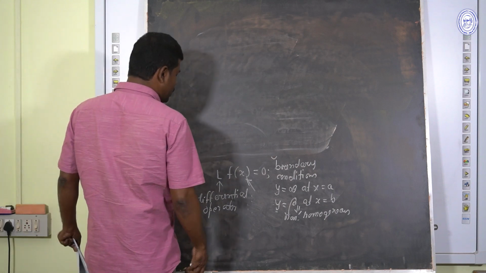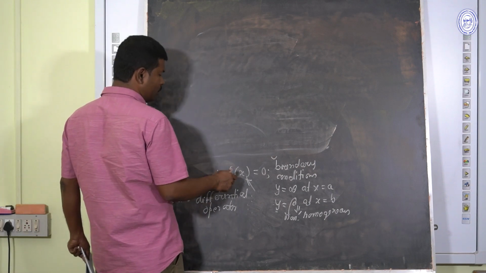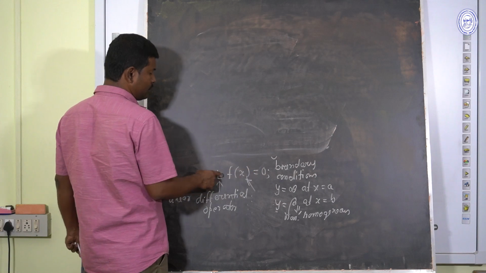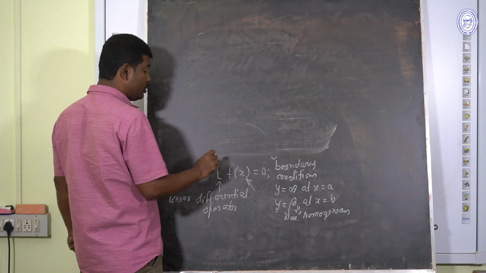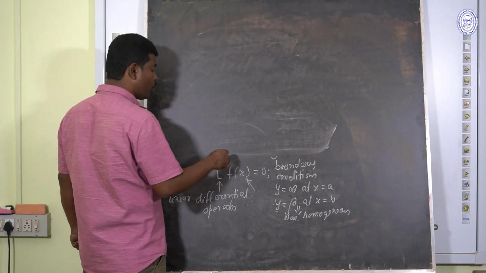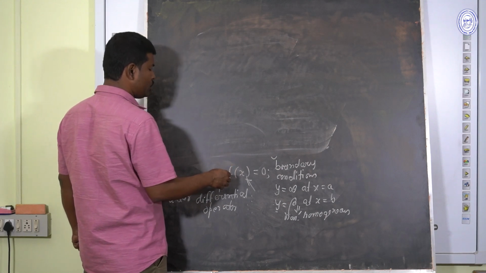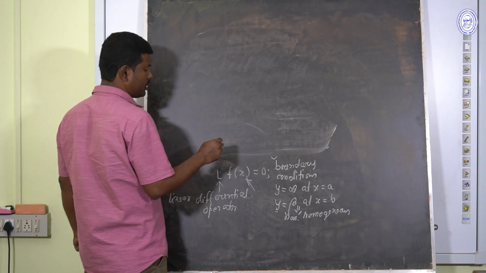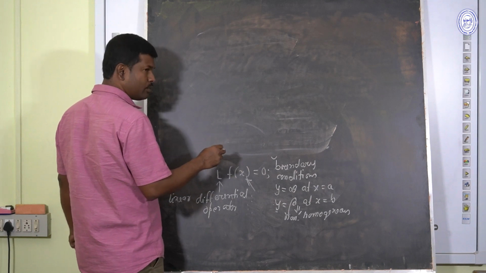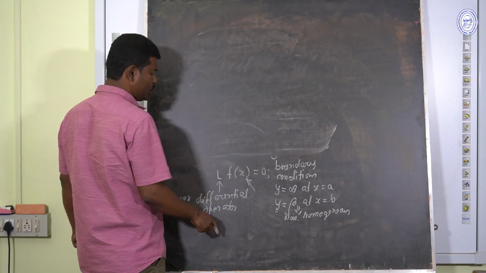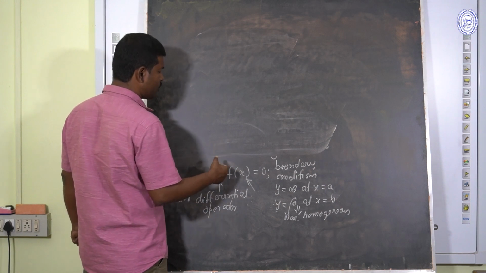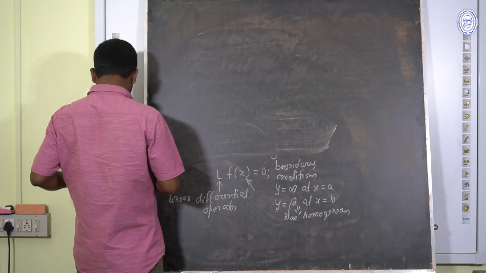Now, introducing a new variable, we can transform this homogeneous differential equation with non-homogeneous boundary condition into a non-homogeneous differential equation with homogeneous boundary condition. And Green's function is used to solve non-homogeneous differential equations with homogeneous boundary condition.